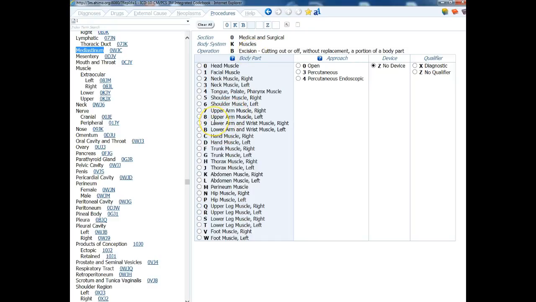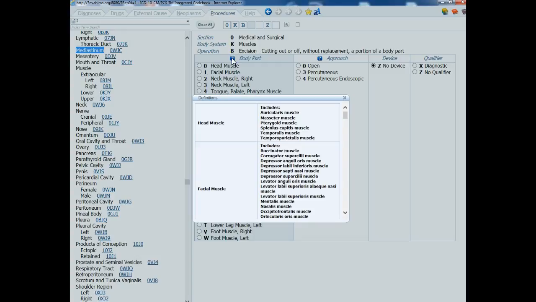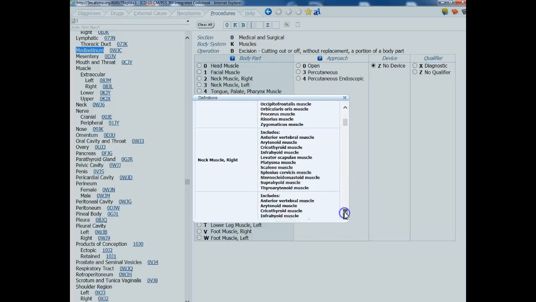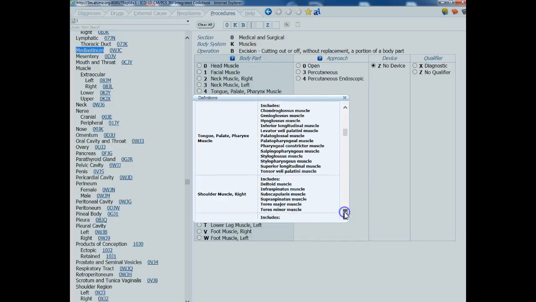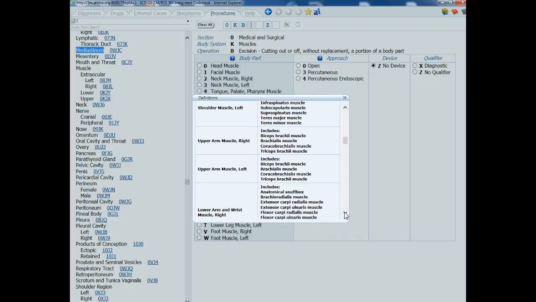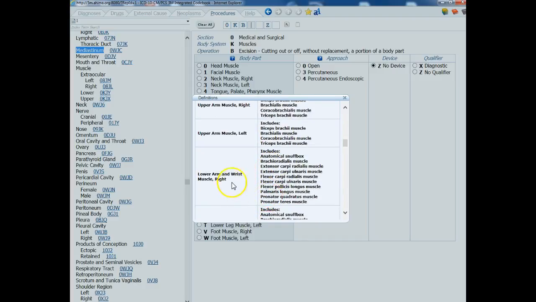Now, I don't see the brachioradialis muscle listed here. So I'm going to click on body part, and it says radialis, so I'm going to assume that it refers to the radius. And go down here until I can find my arms, and I see brachialis muscle listed here.